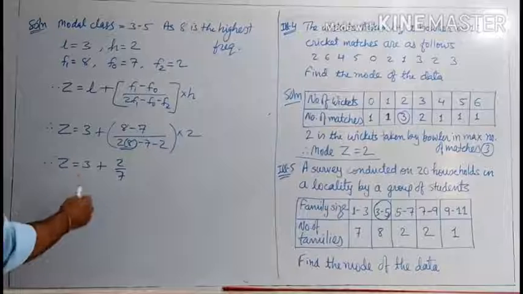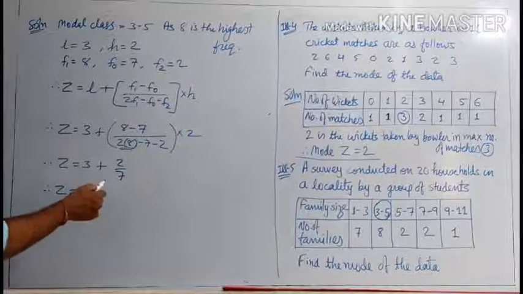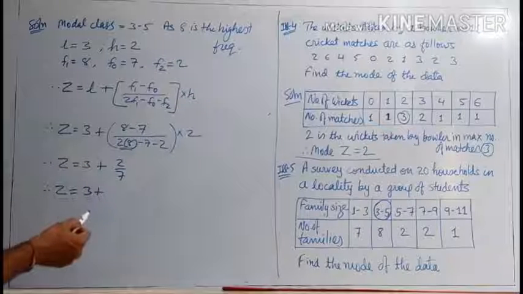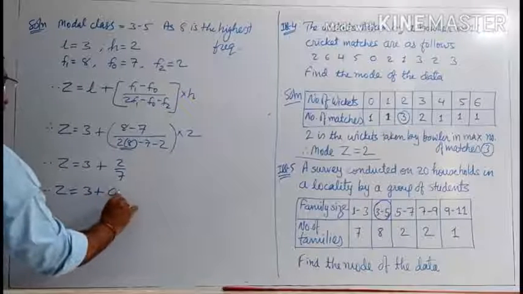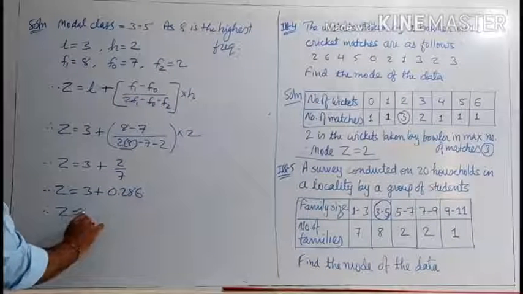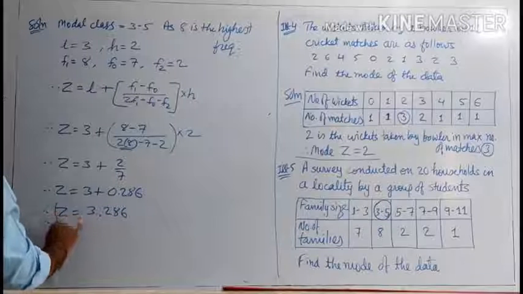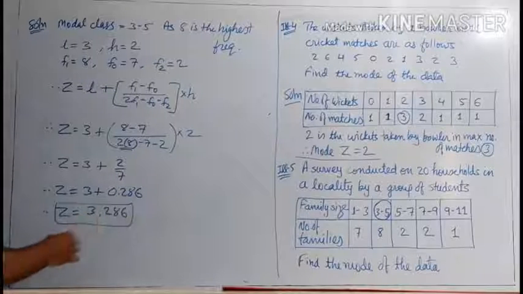So the mode Z is equal to 3 plus 2 by 7, which we can convert into decimal, that is 0.286, and therefore the mode is 3.286. So here the mode of the data is 3.286.